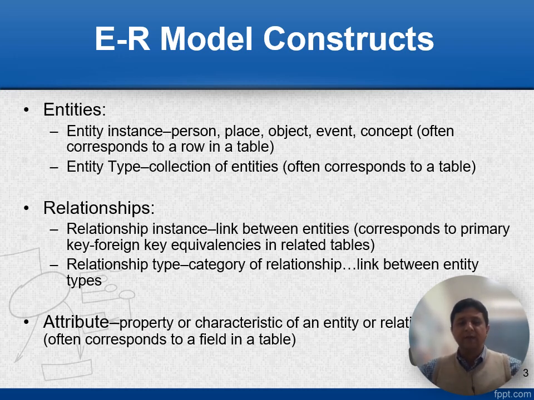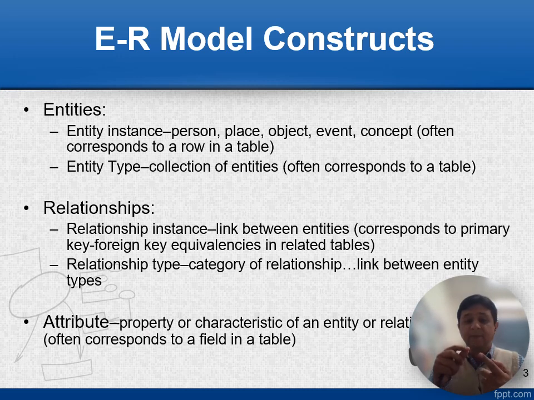So there is a relationship of faculty with the course, that a faculty member is teaching a course, and then there is a relationship of course with students, that the students are learning the course. So we have identified 3 entity instances and 3 entity types based on those instances: faculty, student and course, and then we have identified the relationships between these instances and these types.